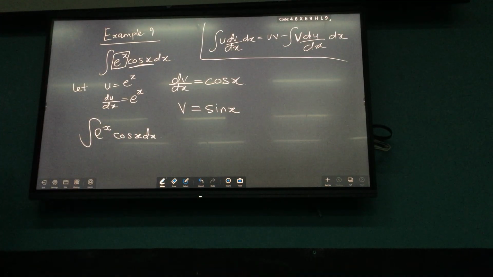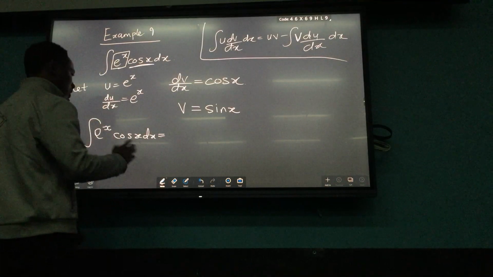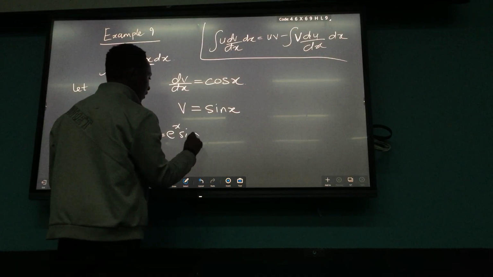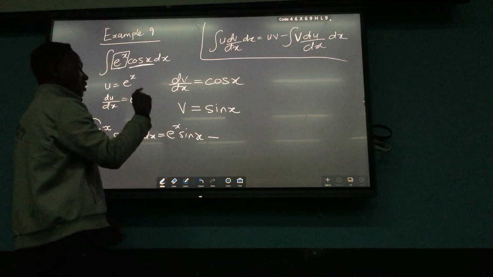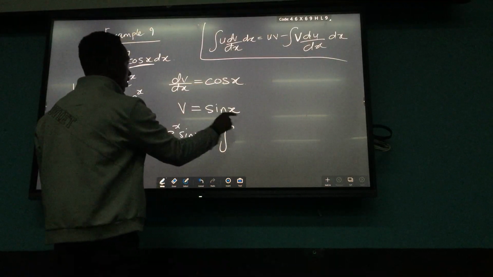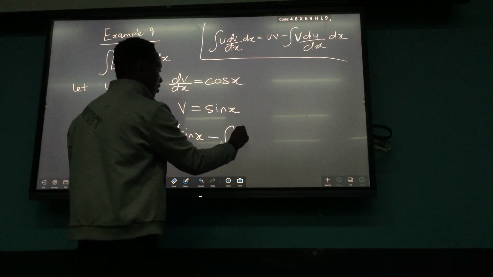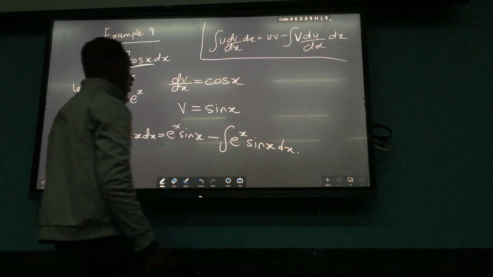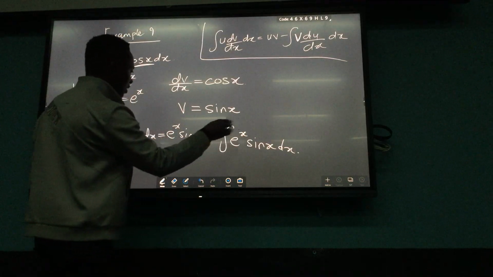This is equal to uv, which is e to the x sine of x, minus, that's the negative from our formula for integration by parts, the integral of v du dx, which is sine x times e to the x. So we get e to the x sine x with respect to x.